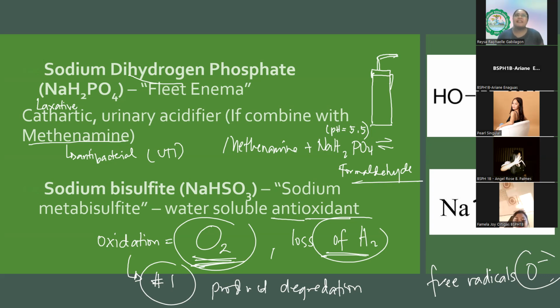But aside from that, these free radicals in the body may also cause the signs of aging, like yung mga wrinkles, mga eye bags, dark circles. Those are signs of aging. And we can also counter that through using antioxidants. So another example of antioxidant na ginagamit natin is yung vitamin E. So parehas sila ha, vitamin C and vitamin E are both antioxidant. Yung vitamin C lang is the same with sodium bisulfite.